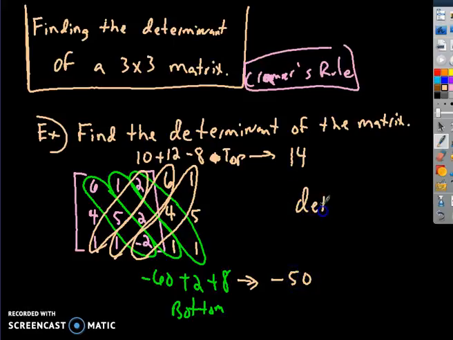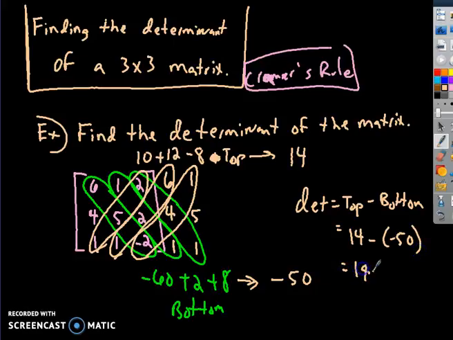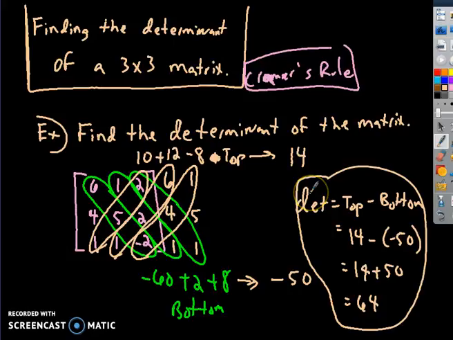Determinant is top, subtract bottom. So it should be 14 subtract a negative 50. So it makes it 14 plus 50, which is 64. So determinant of this matrix is 64. And that's how you find a determinant of a 3 by 3.